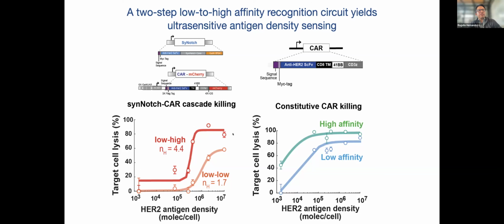And hopefully you can see that in the context of the circuits, you get these sigmoidal responses that we were looking for. And in the context of the T cells that express these chimeric receptors all the time, there is no discrimination. Regardless of the antigen expression, you are getting T cell killing of the targets.